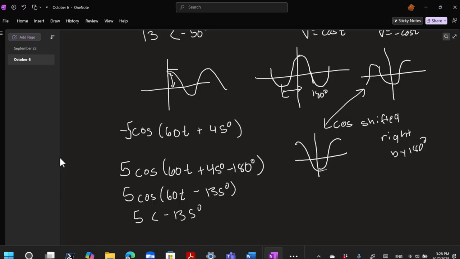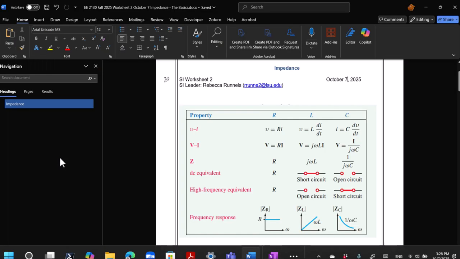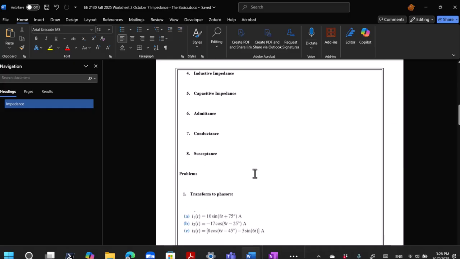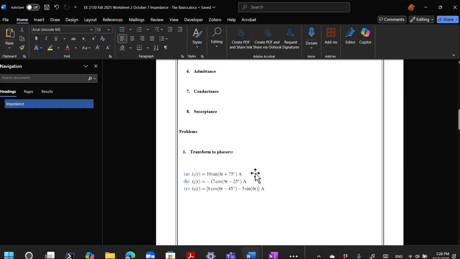So that's my introduction to phasors. I'll come back to these definitions.